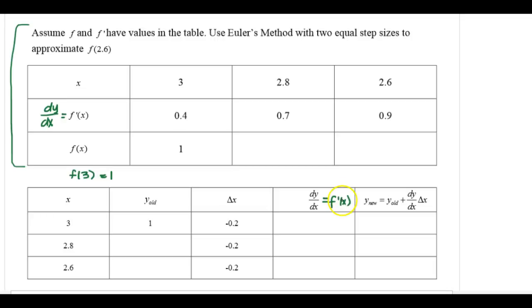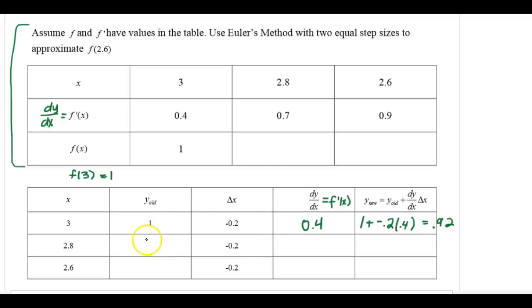And f prime of x, or f prime of 3, was 0.4, right? So f prime of 3 was 0.4. So that's the slope that goes here, right? So now I'm going to compute 1 plus negative 0.2 times 0.4, which ends up being 0.92, because this is 0.08, but it's negative, so I'm subtracting that from 1, so 0.92.